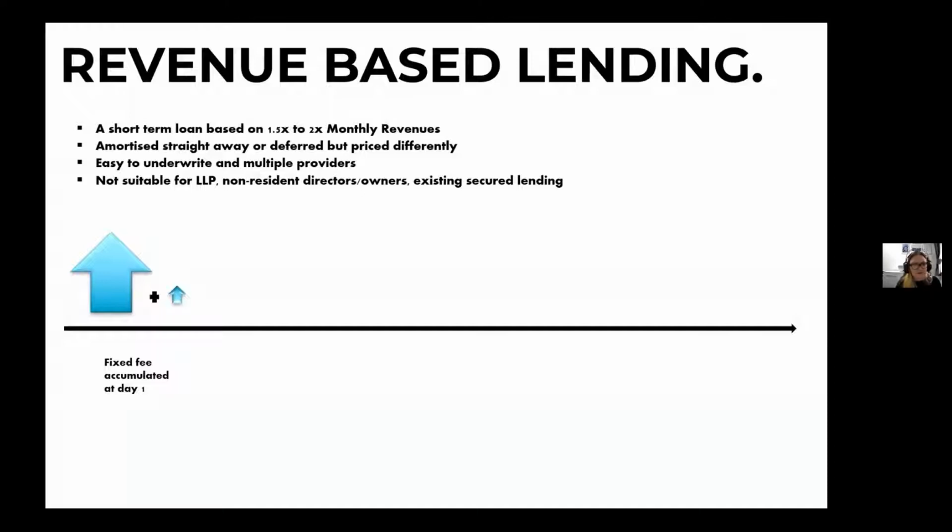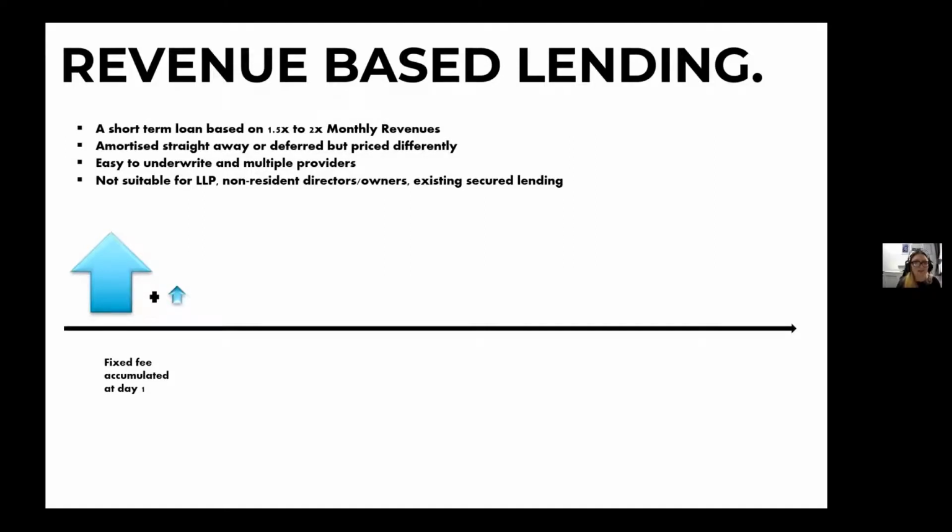To put it very simply, this is a short-term loan. It was created many, many years ago in the US market for exactly that purpose, to help founders achieve very short-term goals. This is not like venture debt. You're not going to amortize it over a long period of time. If you're thinking about venture debt, venture-based lending in that way, then you shouldn't.